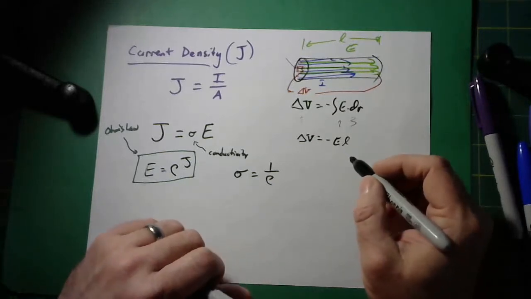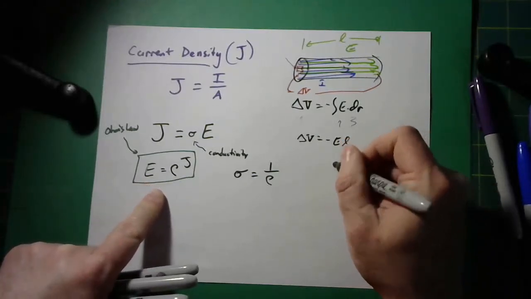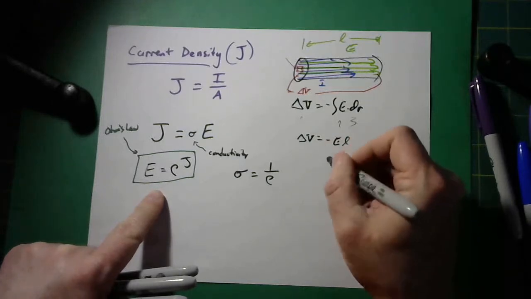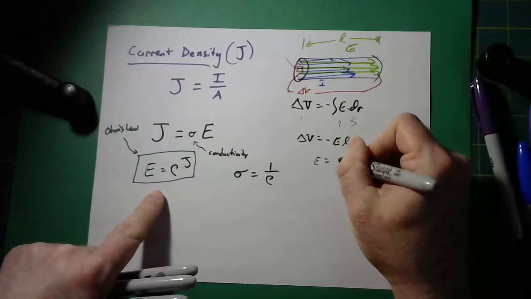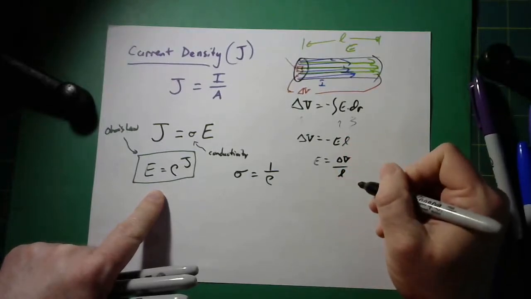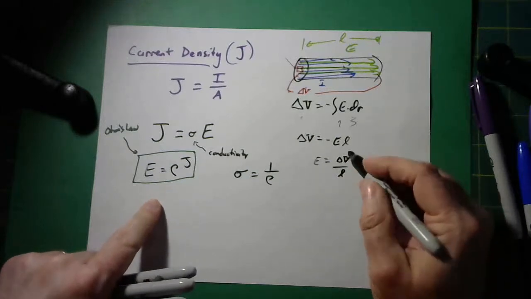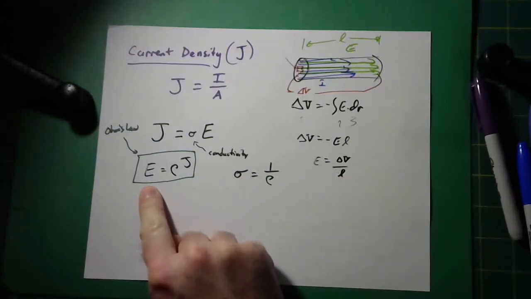So here I have a relationship for E. I could rearrange this and say E is going to be delta V over the length of the wire. I'm going to substitute that in where it says E field.